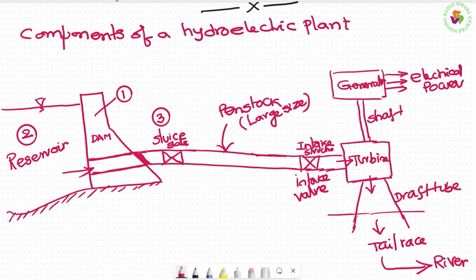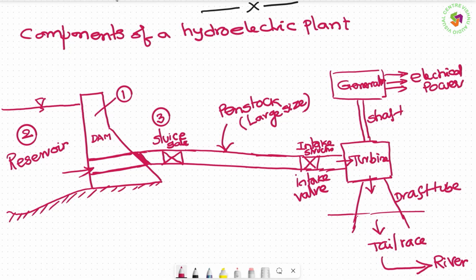So again the water can be used for irrigation, water supply, drinking water, navigation, anything you can use it for. Whatever quantity x of water you have sent, you get x quantity of water out, but the outcome is you are able to produce hydroelectric power and your water is intact. There is no loss at all. So this is basically the main advantage of a hydroelectric plant.